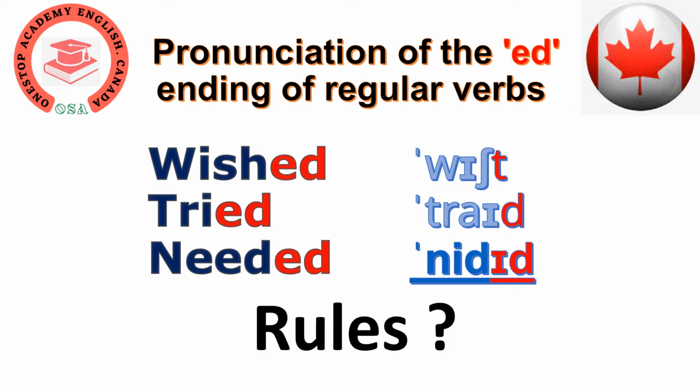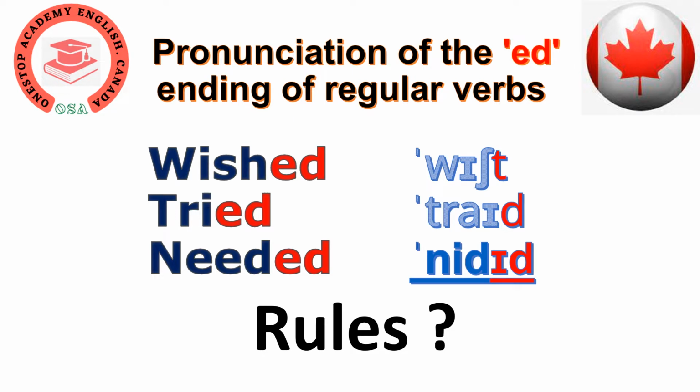All end with the letters ed, but the sound at the end of washed is t, tried is d, and needed is id. In today's lesson, we will learn about the rules of ed pronunciation for the past tense of verbs.